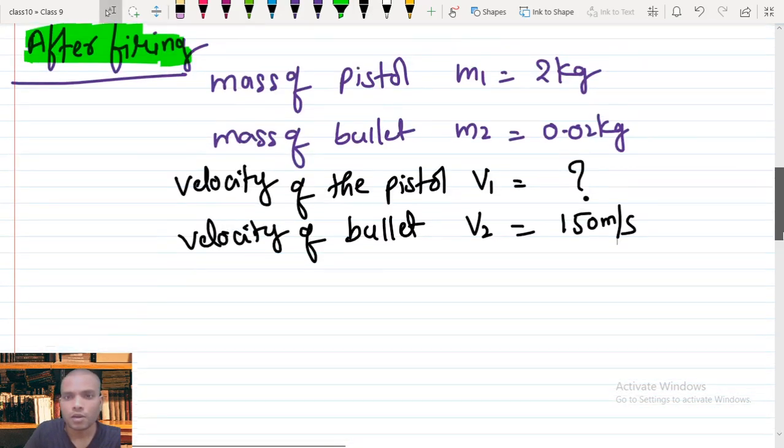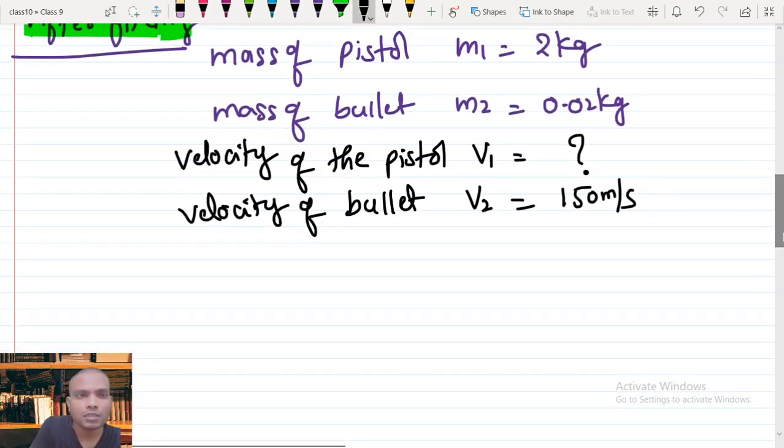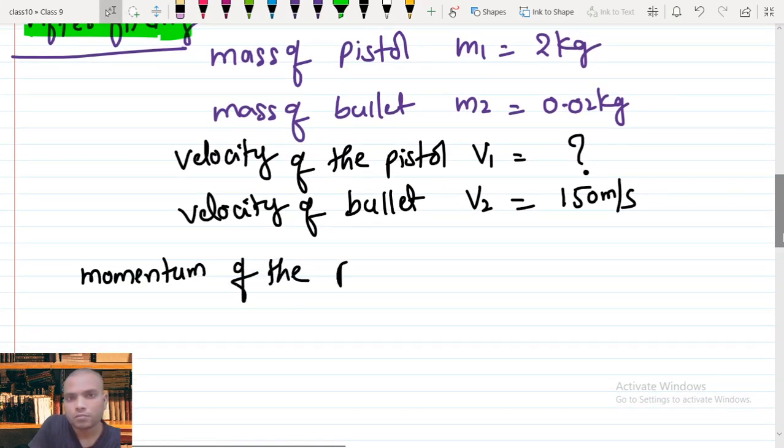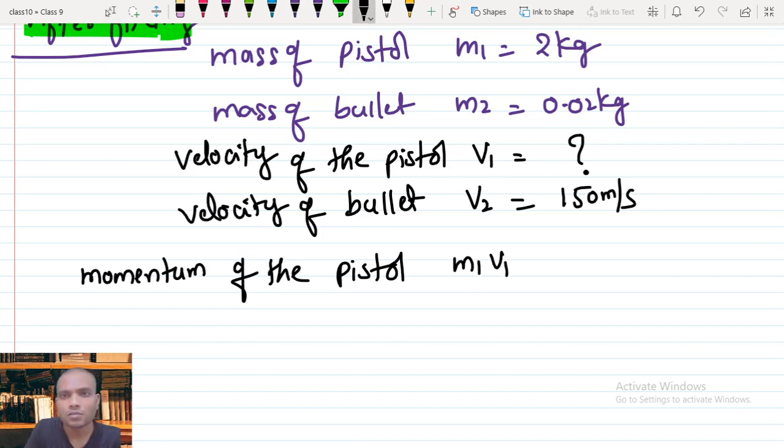Now if you have mass and velocity, let me calculate the momentum. Momentum of the pistol equals m1 v1. We don't know that, we need to calculate it, which equals 2 kg. Suppose let me take this velocity v1 as v.